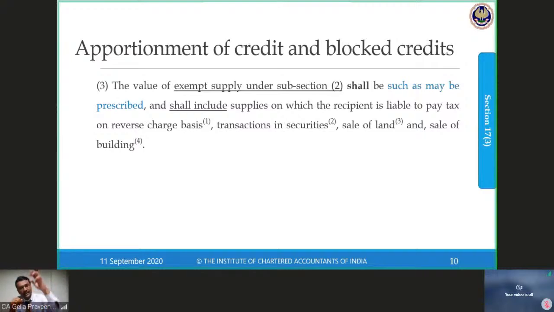The value of exempt supply under subsection 2 shall be such as may be prescribed, meaning you look into the rules if there is anything to be included, and shall include your exempt supply covered under section 2(47) plus supply on which the recipient is liable to pay tax on reverse charge basis. What it says is, when you look into your bucket number 2, which is your exempt supply, that exempt supply also includes supply on which the recipient is liable to pay tax on reverse charge basis.